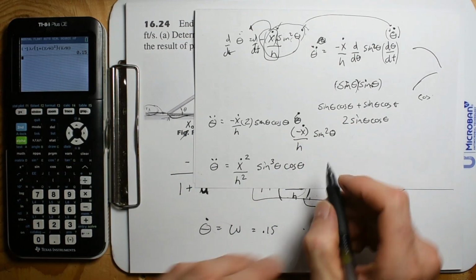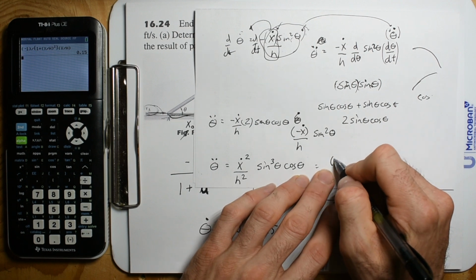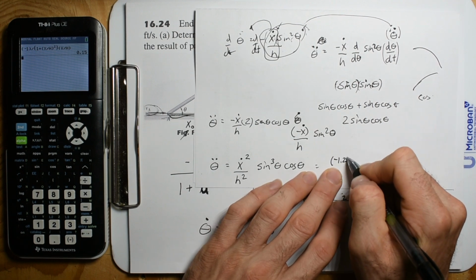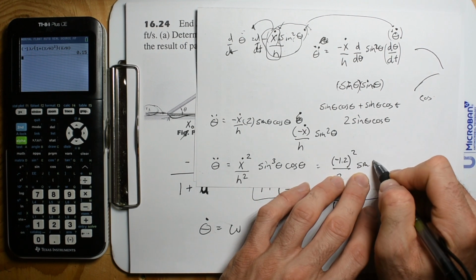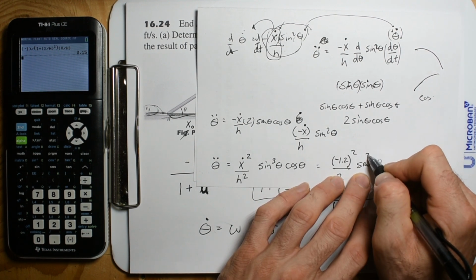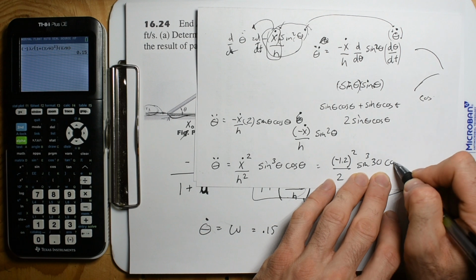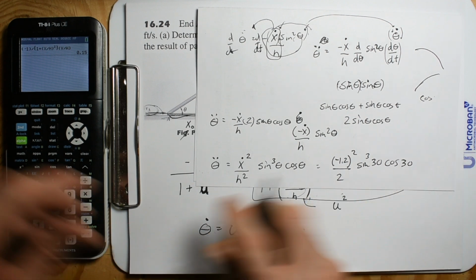And let's throw this all into our calculator. So we're going to basically have negative 1.2, but we're squaring it, divided by 2 sine 30 cubed, sorry if I said squared, cosine 30. Booyah.